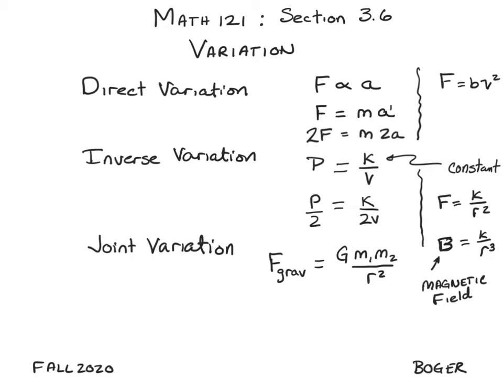So these are all the types of variation I could have, and basically I can do experiments in the lab and investigate if something varies directly, or if it varies inversely, or if it varies as an inverse squared. I can keep probing around and build mathematical formulas that will describe how things behave in the real world. So this turns out to be a great method for determining laws, mathematical laws that govern our physical world.